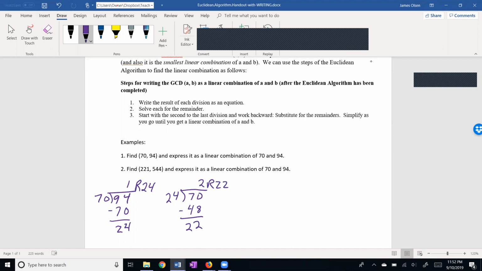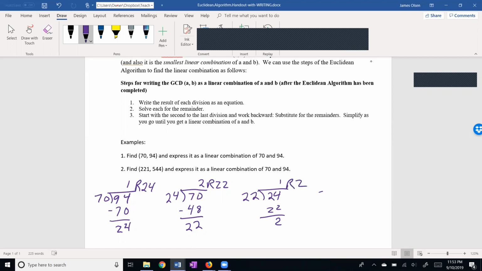Sometimes this process can be completed in just a few steps. Sometimes it takes a handful of steps. Lather, rinse, repeat. My remainder comes on the outside. The number that was on the outside morphs to the inside. 22 into 24 goes once. I get a remainder of 2.